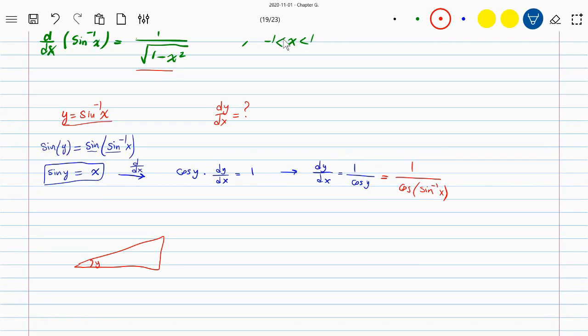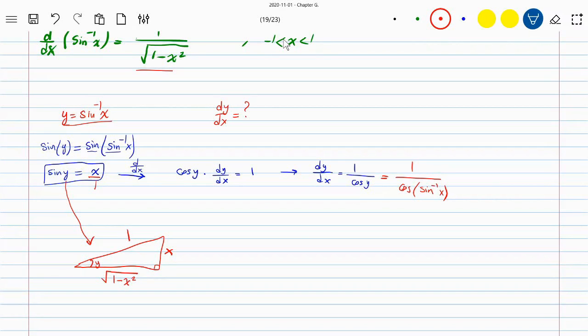So sine inverse of x is, sine of y is x. So if this is the angle y, it's supposed to be x divided by 1, opposite divided by hypotenuse. This must be x, that must be hypotenuse, must be 1. Sine of y must be x divided by 1, which is x. So therefore you can find this length. This length is simply the square root of 1 minus x squared if you apply the Pythagorean rule.